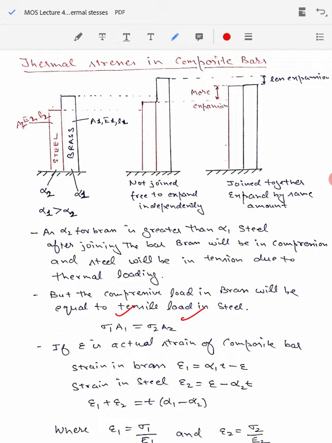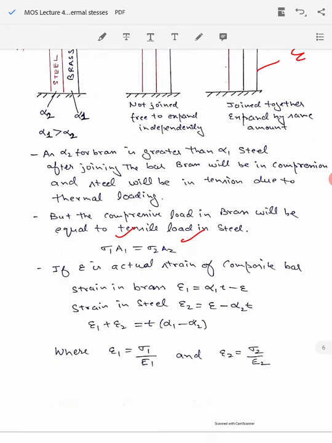Now epsilon is the actual strain which is happening in the composite bar in this case. So in that case, the strain in the brass bar can be given as alpha 1t minus epsilon, because alpha 1t would have been the strain if there had been free expansion, but the actual strain that has happened is epsilon.